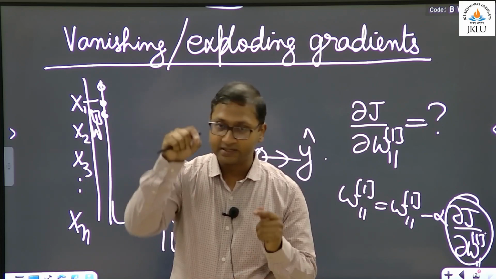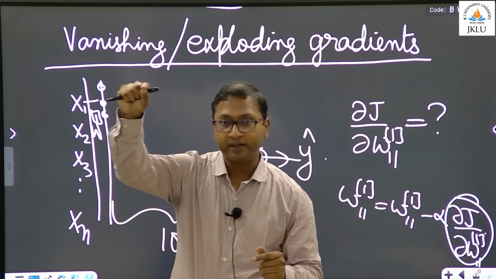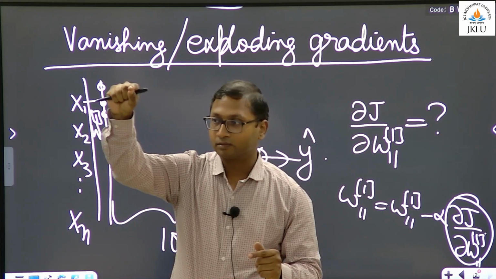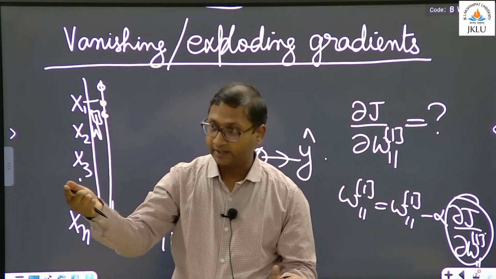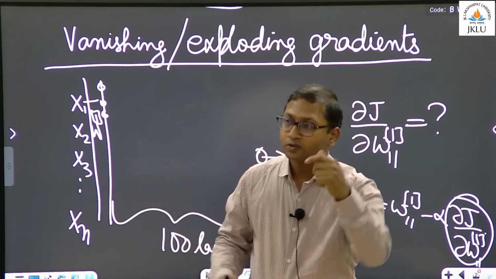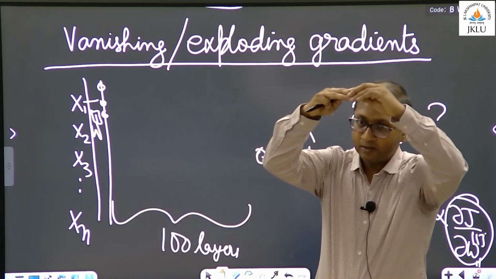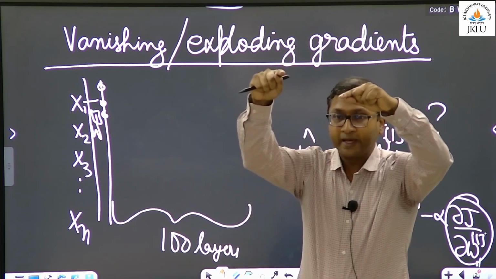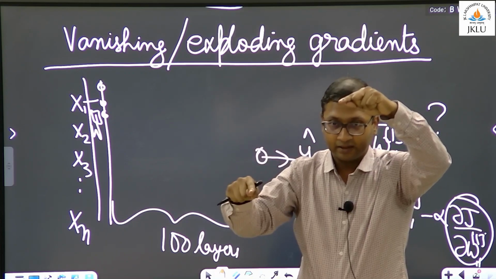Del A by del Z and del Z by del A again. So del AL by del ZL, del ZL by del AL.